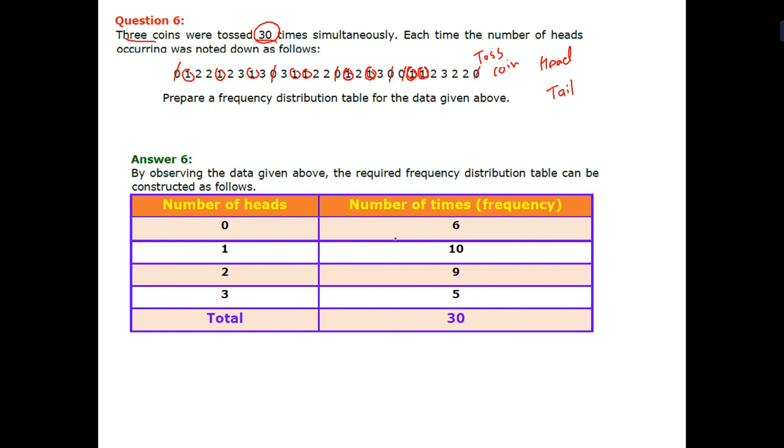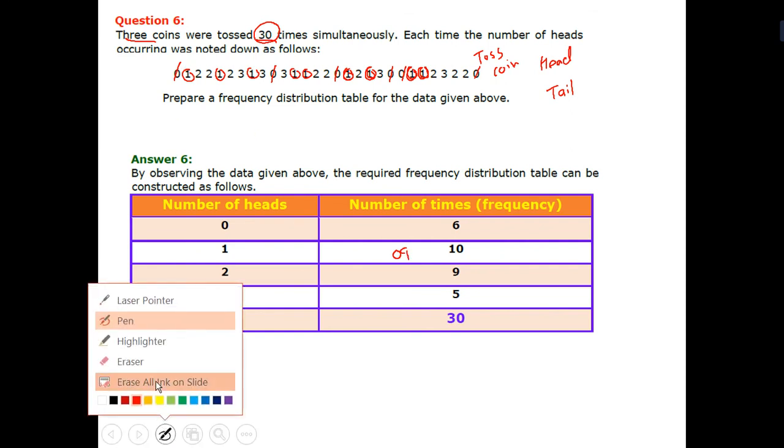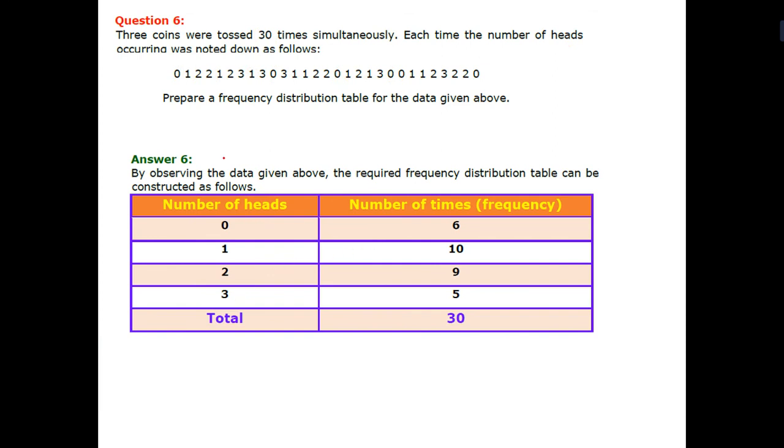So if it is 9 here, again first we have to rub everything out and then we have to see. So 3 is how many times? 1, 2, 3, 4 and 5. So we can take 5. Now 0 already. 1, 2, 3, 4, 5 and 6. So it is also correct.